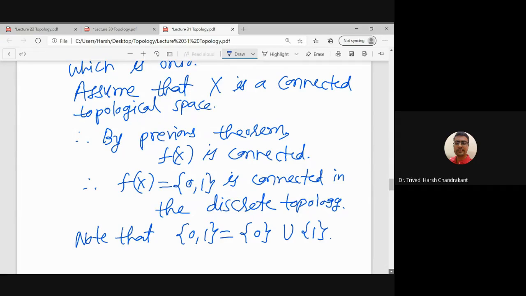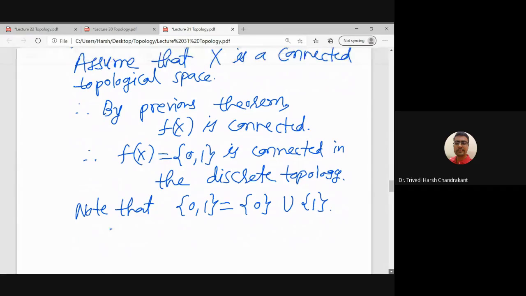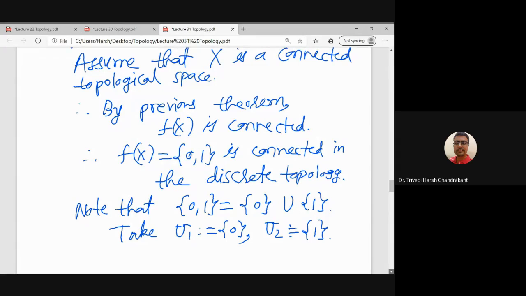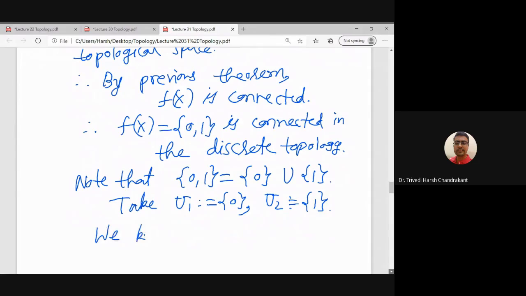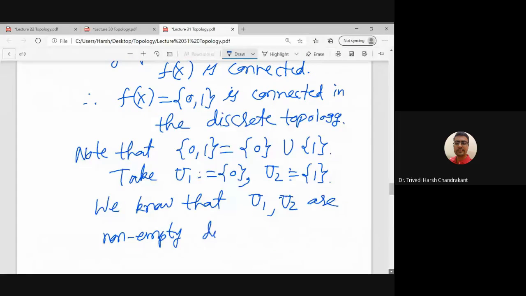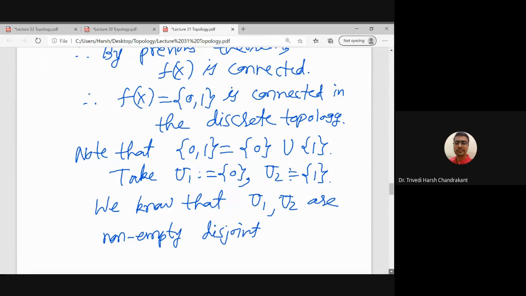So basically I am taking U1 to be singleton 0 and U2 to be singleton 1, and we know that U1 and U2 are non-empty and disjoint, because singleton 0 intersection singleton 1 is the null set, and they are open subsets of {0, 1} in the discrete topology.